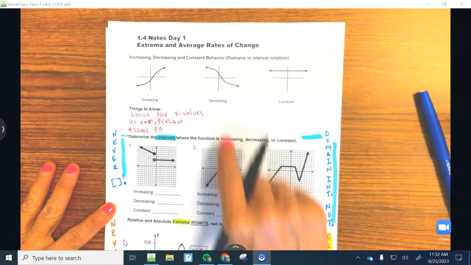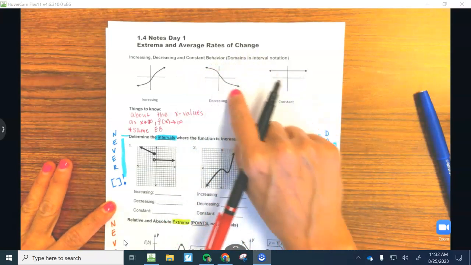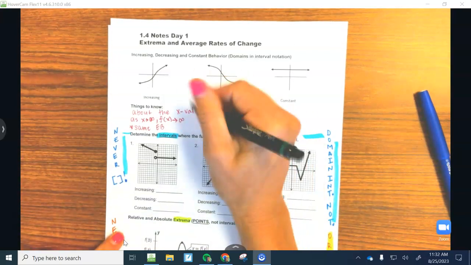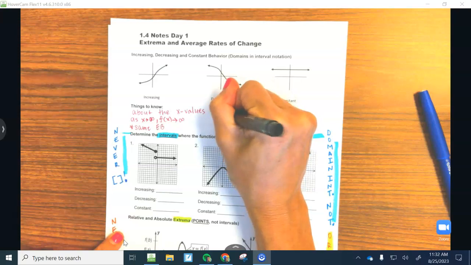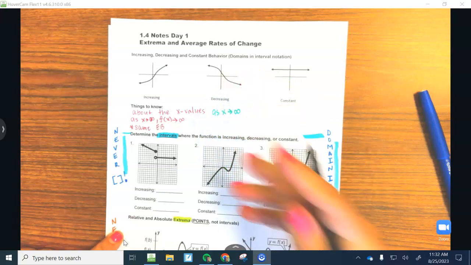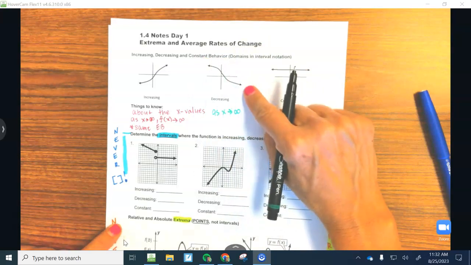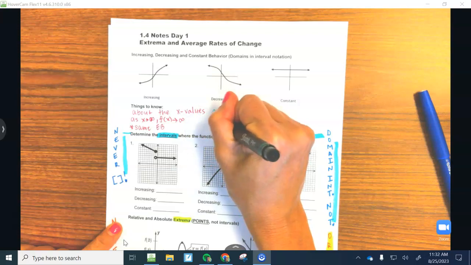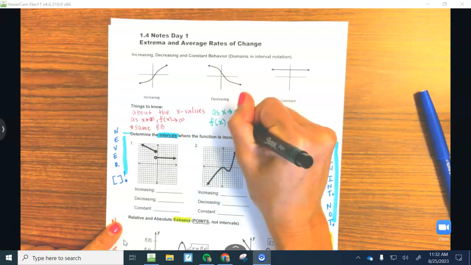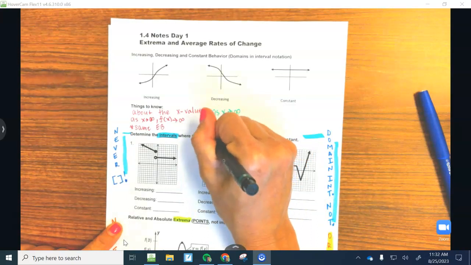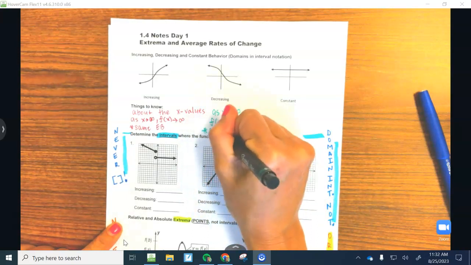Now, for decreasing, what is happening as the x values increase over here? The y values are decreasing. So as x approaches infinity over here, the x's are still approaching infinity, but f of x is approaching negative infinity. So notice that this is called opposite end behavior.